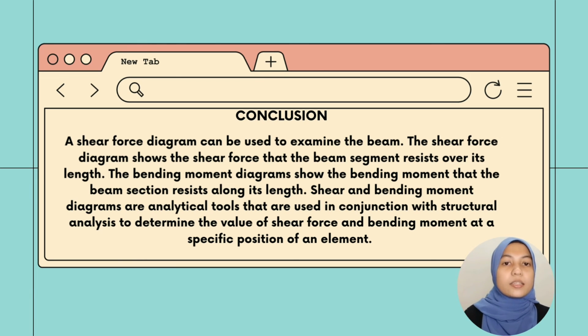The kind and size of a member of a given material can be easily determined using this representation. Another use of shear and moment diagrams is to calculate deflection using the moment area method or conjugate beam method.